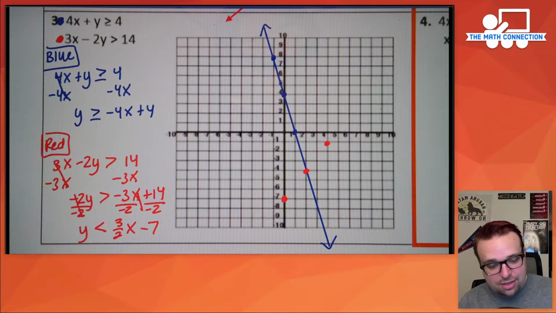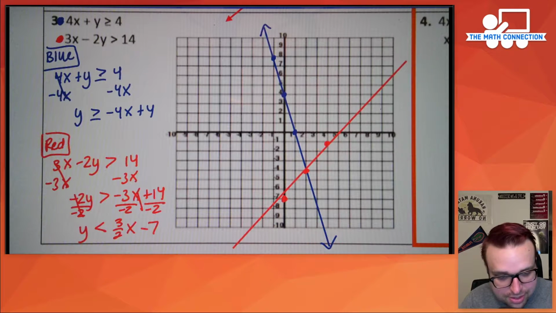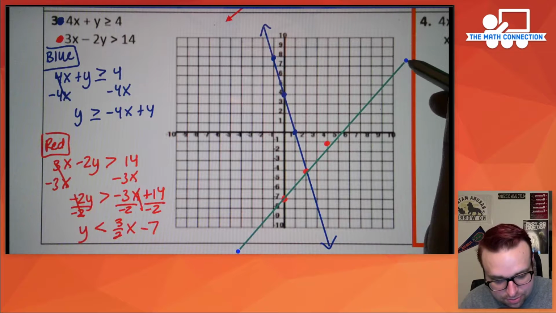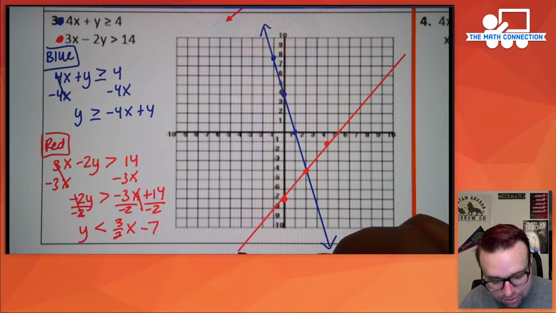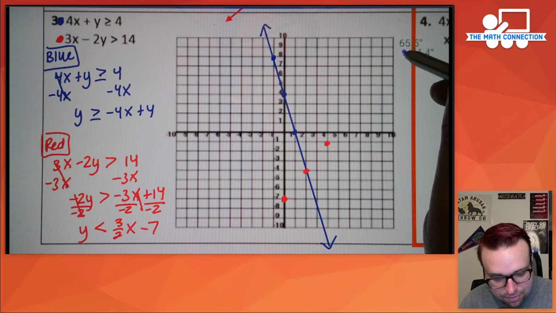Okay, so that's enough to do that line. Let's wrap it up. So we need to draw this red line. That's pretty good, except this end needs to be a little different, and this one, and that one. Okay, we need to go back. Uh-oh.